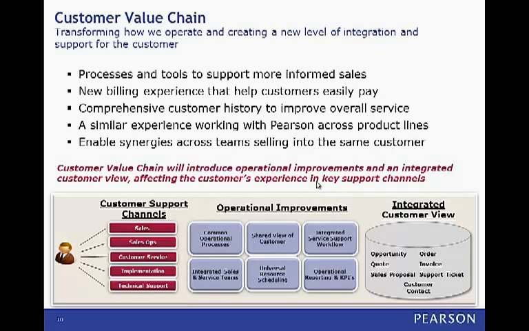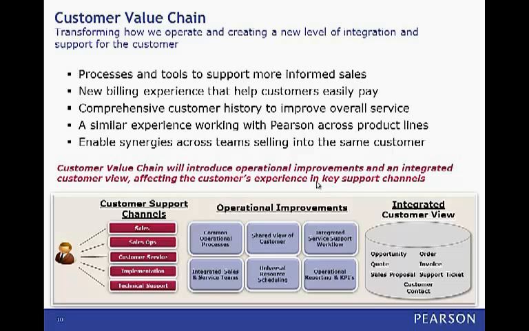So this slide here kind of illustrates what we are calling the customer value chain in Pearson. It all starts really with our customer support channels. And so when you sell products and services, it is very crucial that you have the common set of truths around your customer lifecycle.